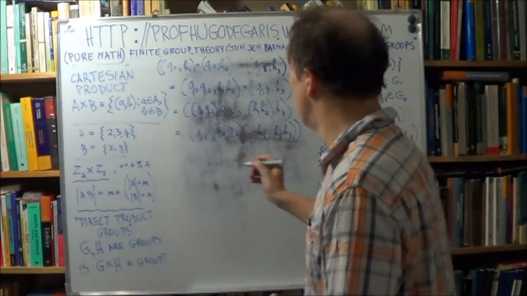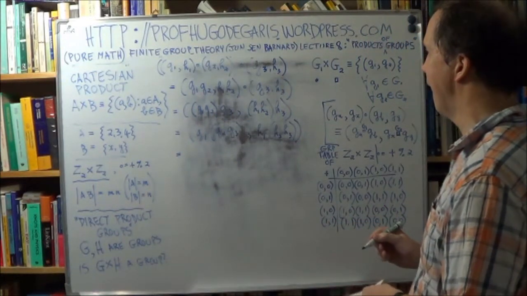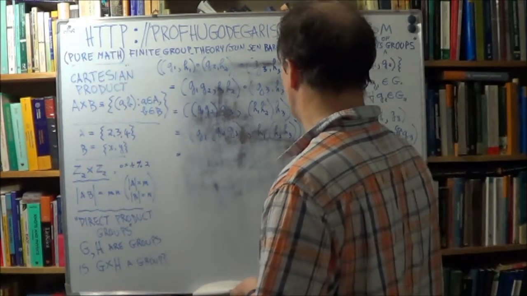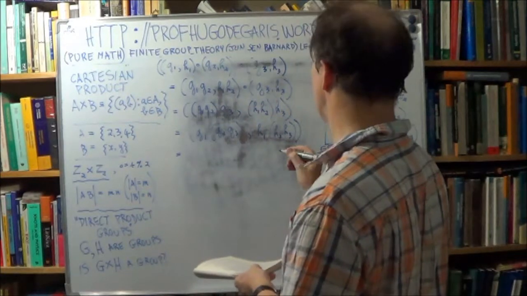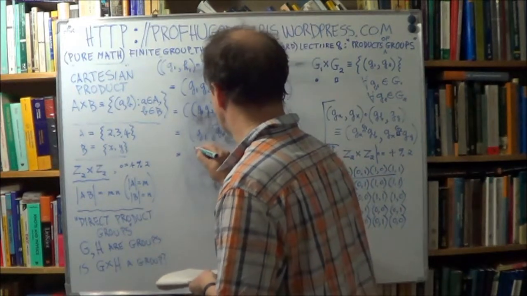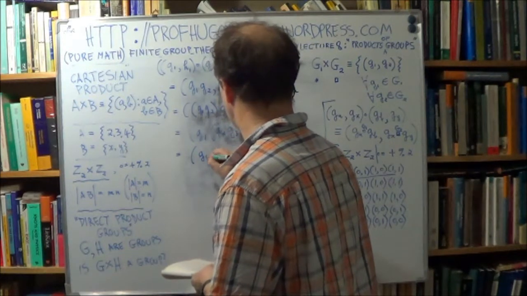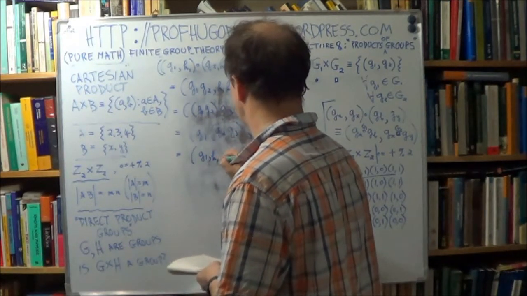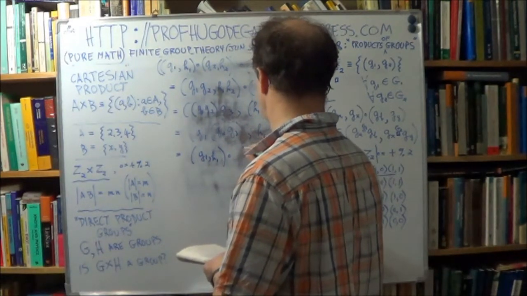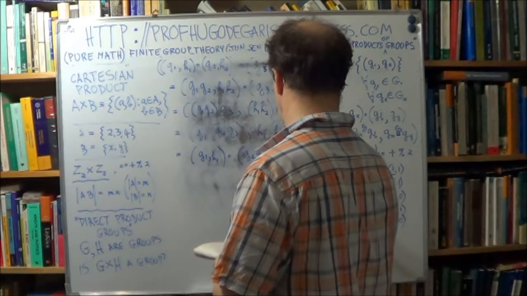So, let's see. So this becomes G1, H1, G2, G3, H2, H3.